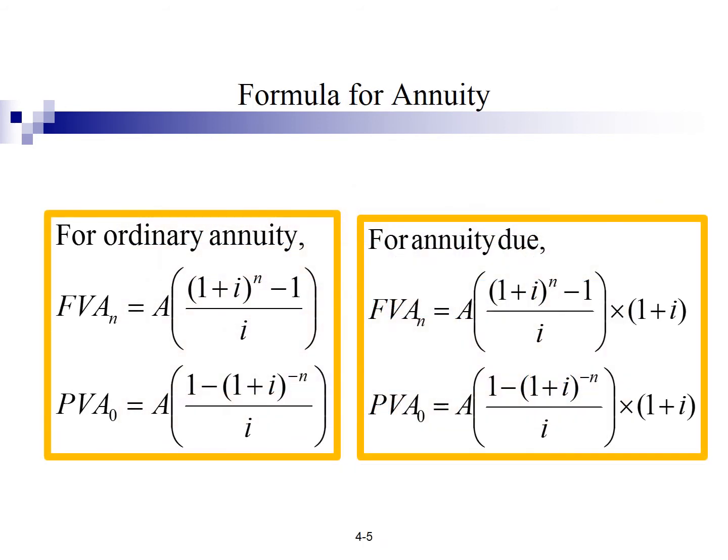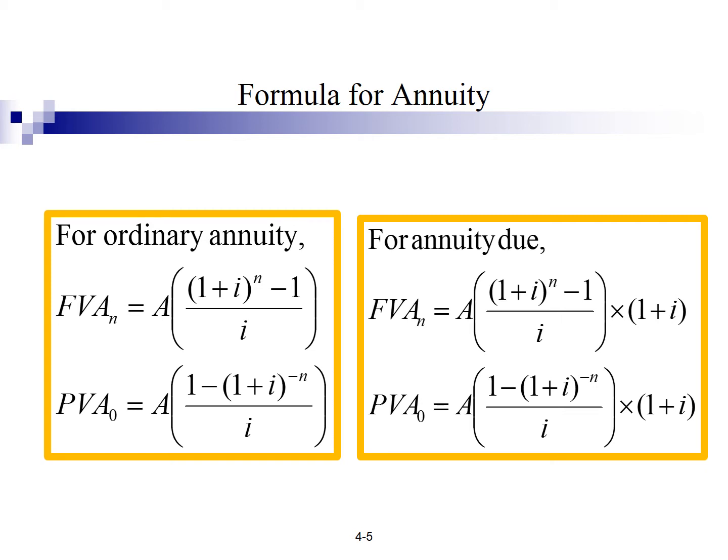This slide shows the formulas to calculate the future value and present value of ordinary annuity and annuity due. Are the formulas the same? Do you notice something extra in the formula of annuity due? The formula of annuity due has something extra.